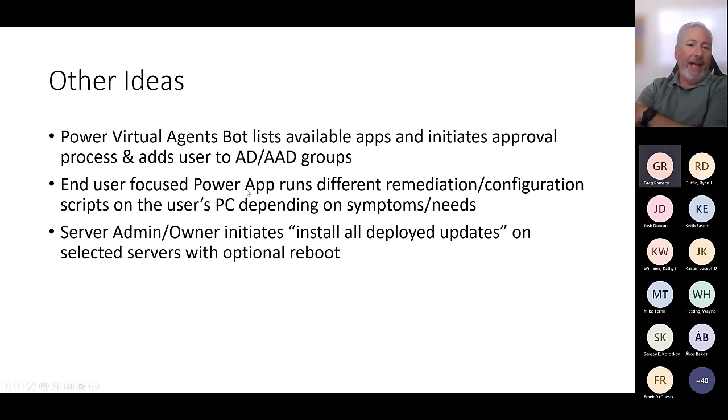You can do things like that with Power Virtual Agents, or requesting apps, where the bot can list all the apps from Intune and then approve and add the user to the group that way.